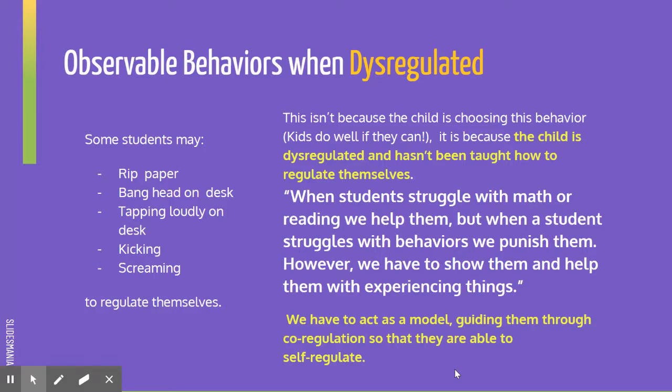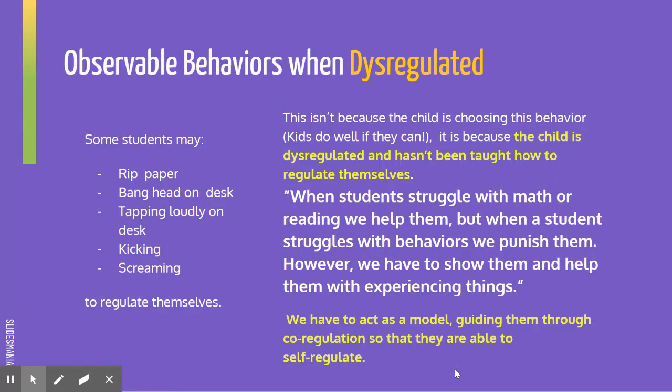But science tells us that those are not really intentionally oppositional, disruptive, or disrespectful behaviors, that oftentimes students are working to regulate themselves. So when students struggle with math or reading, we help them. But when a student struggles with behaviors, typically we've lived in the mindset that we punish them. But what we know now to be true is that these are missing skills.